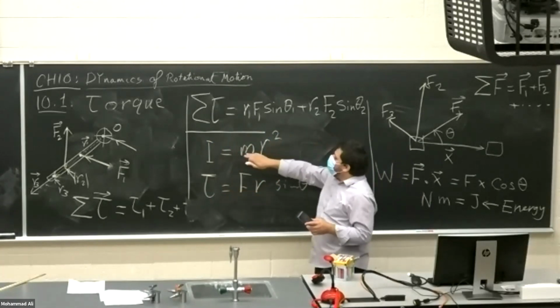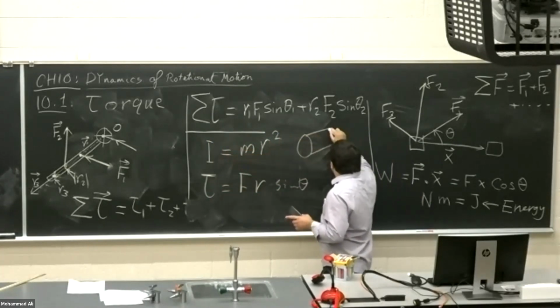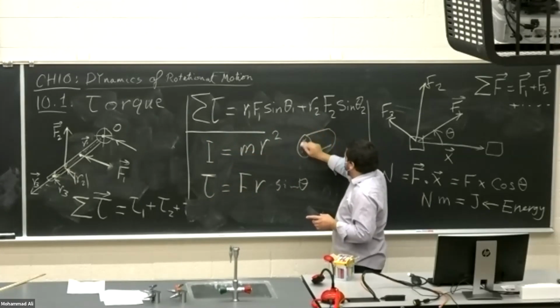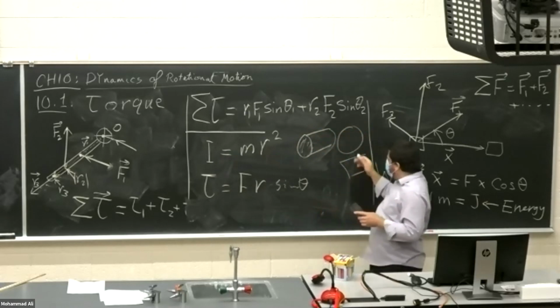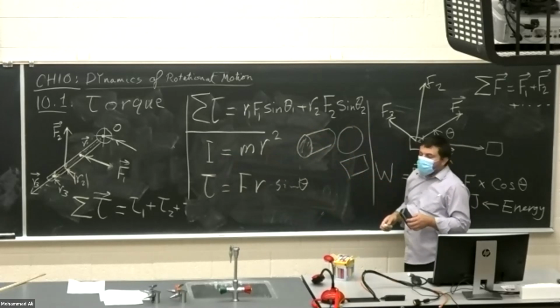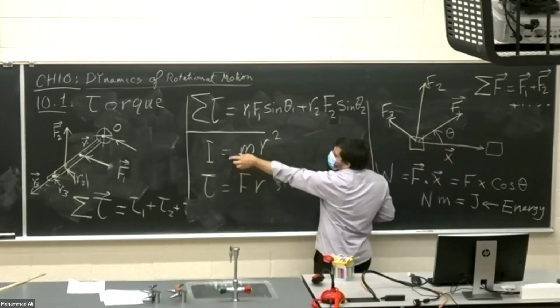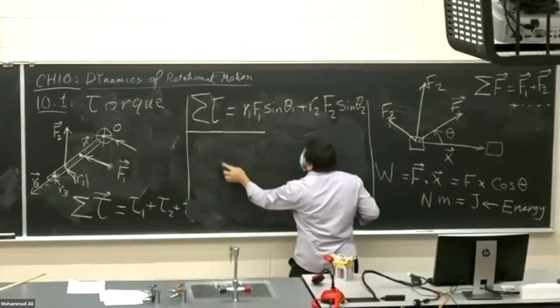And for the moment of inertia, we have different shapes. If you remember, we have a cylinder, even if it is a shell or a solid. We have a sphere, shell, and we have a stick. We have a flat sheet, and so on. We will solve an example, using that moment of inertia with the torque.